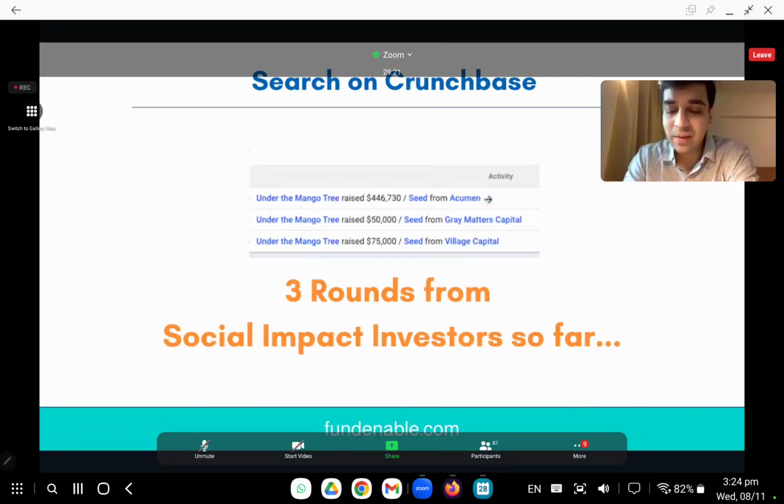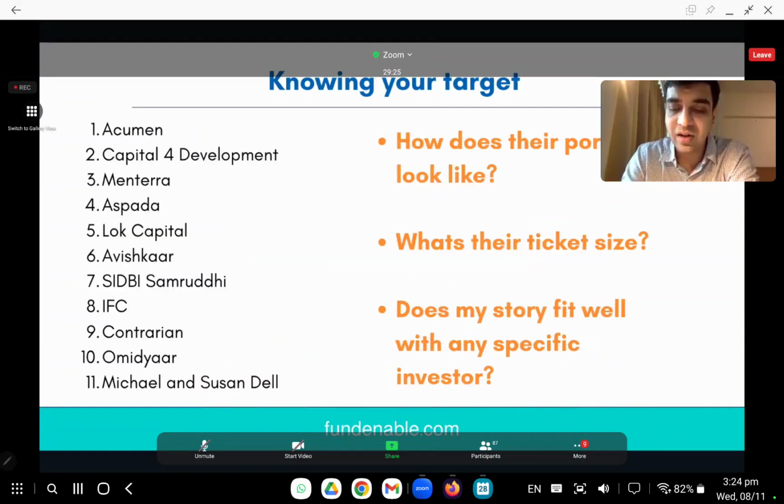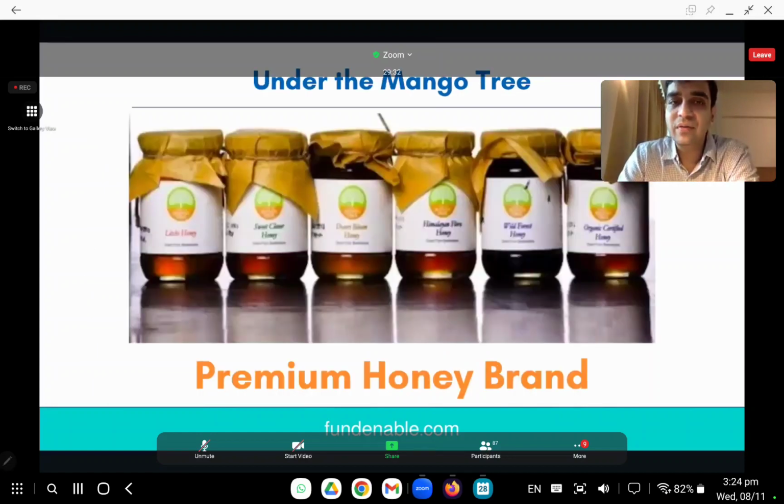Ticket size, what do I mean by ticket size? Ticket size is the amount of money that you are looking to raise, the fundraise amount. So if you are looking to raise 3 crores, which are the investors who are looking to invest 1 to 5 crores? They mention it: we typically invest up to 5 crores or up to 250K US dollars.